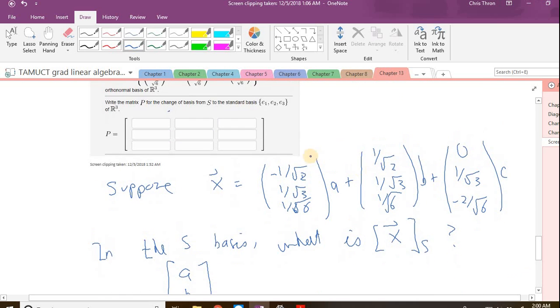And I can say also that this whole deal here is the vector x in the standard basis. When you write down a vector in components, you're assuming that those components are in the standard basis.